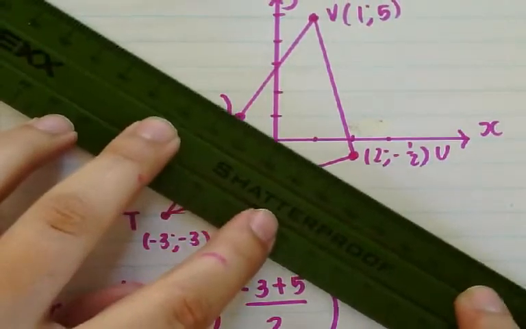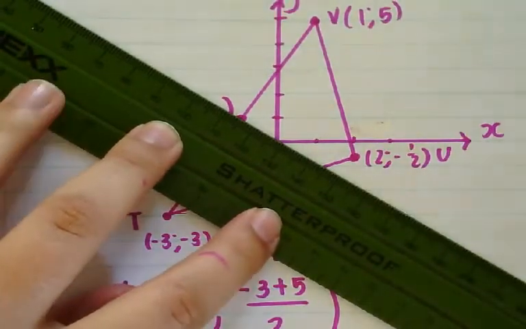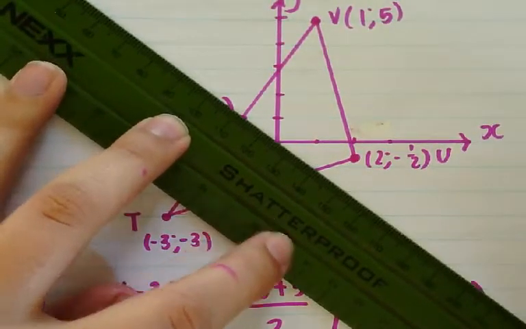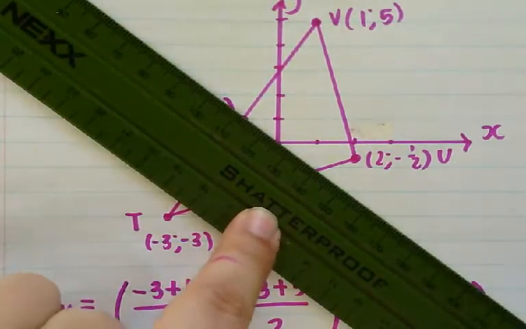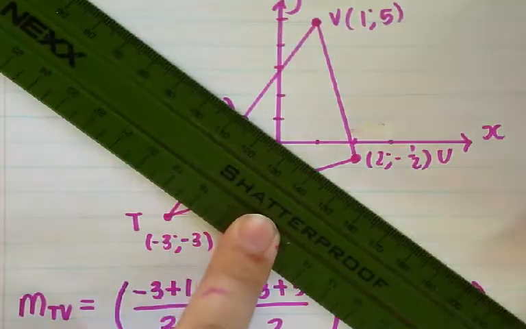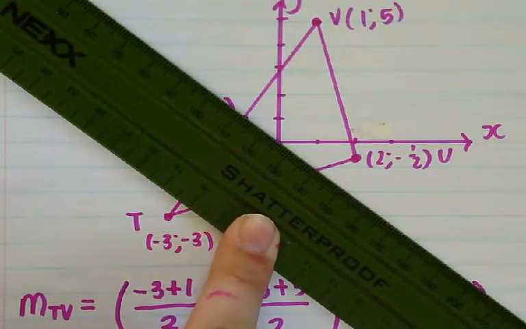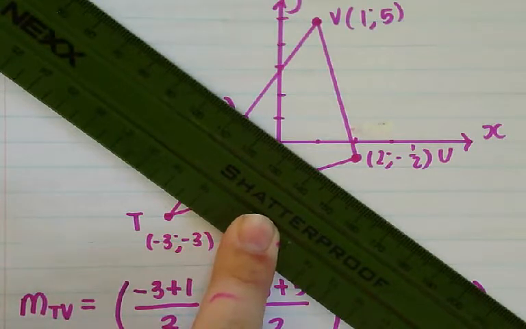But now perpendicular means that it's going to cut through it at 90 degrees. Now I'm not going to draw it, but I need to know the gradient of a line perpendicular to TV. How do I find the gradient of a line perpendicular to TV?